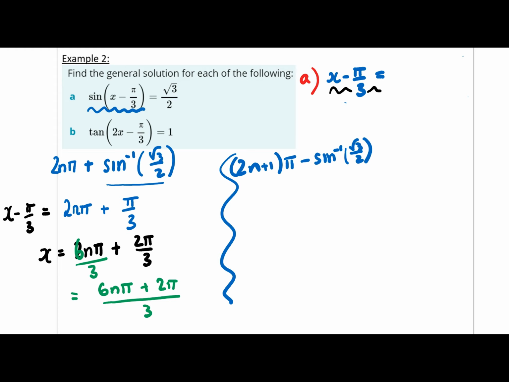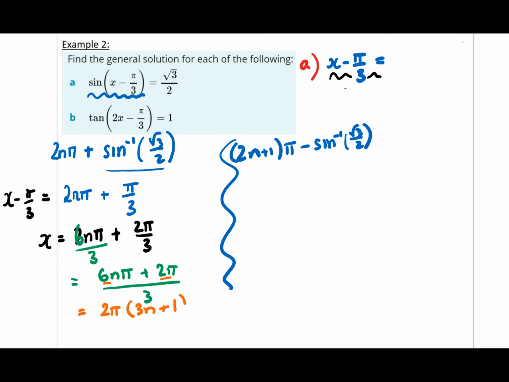And if I take 2 pi out as a common factor, I'll end up with 3n plus 1. I'll just give myself a bit more room. There we go. 3n plus 1 over 3, where n is an element of z. So there's one complete set of answers.